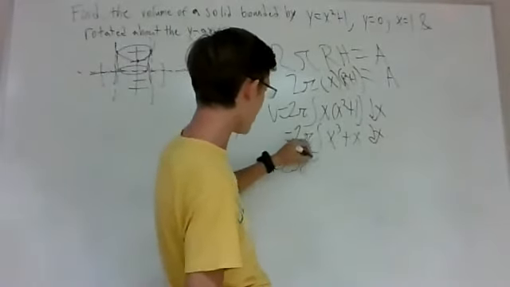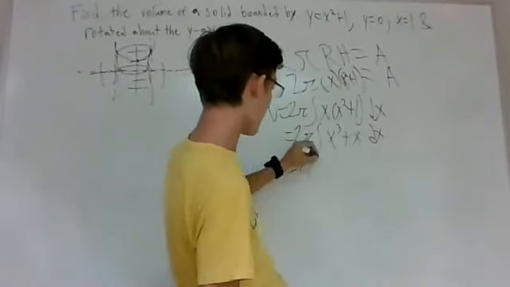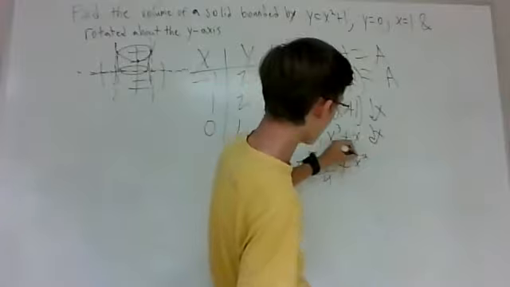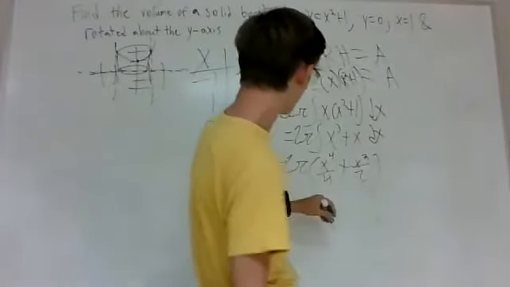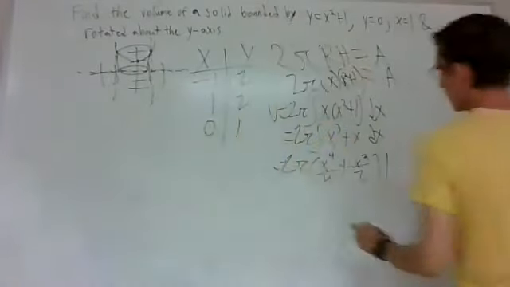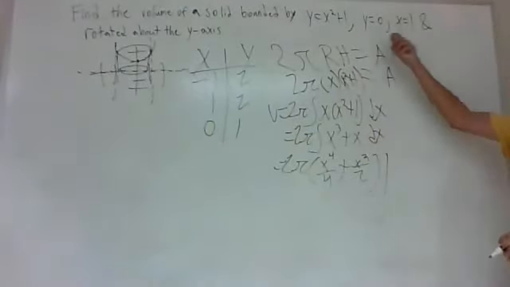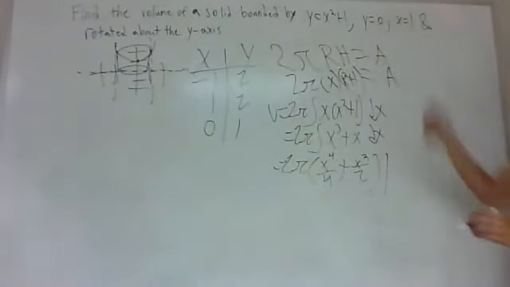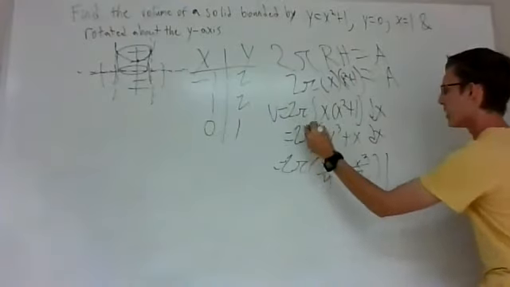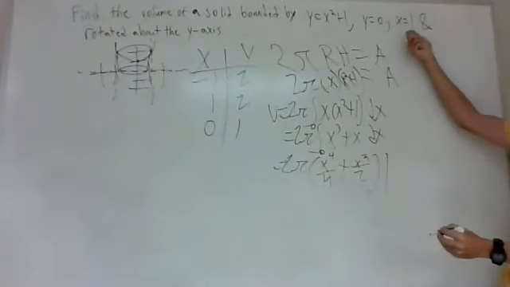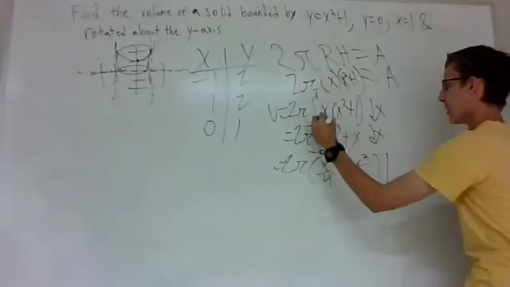So we would get 2 pi times x to the 4th over 4 plus x squared over 2, with our limits being y equals 0 as the bottom limit and x equals 1 as our upper limit.